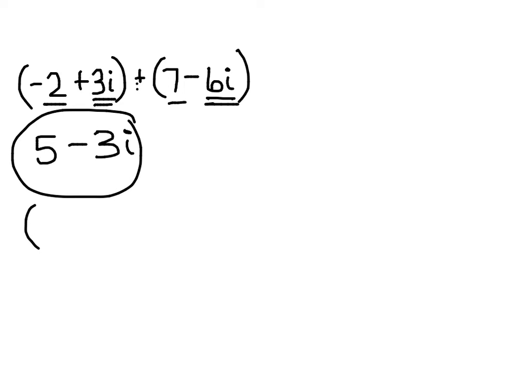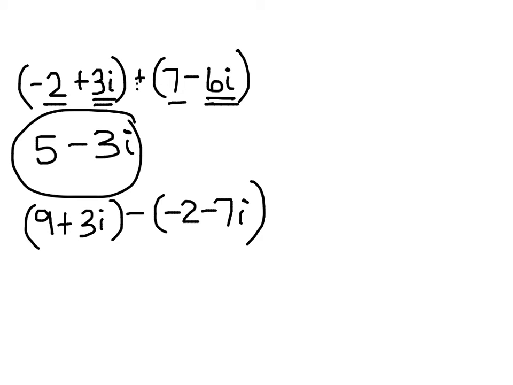Number 8. 9 plus 3i minus negative 2 minus 7i. Am I asking you to FOIL? No. Don't. Combine like terms.